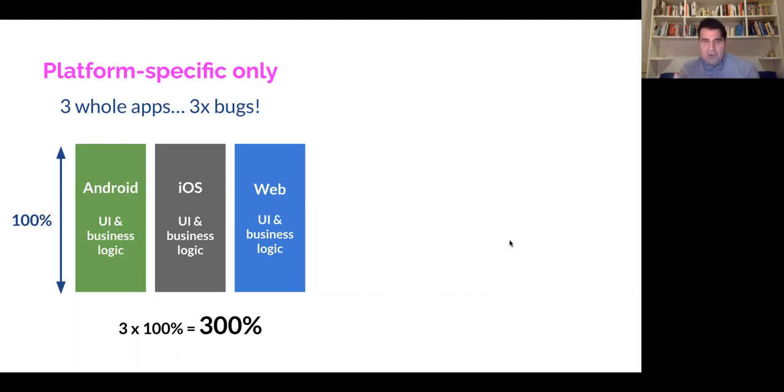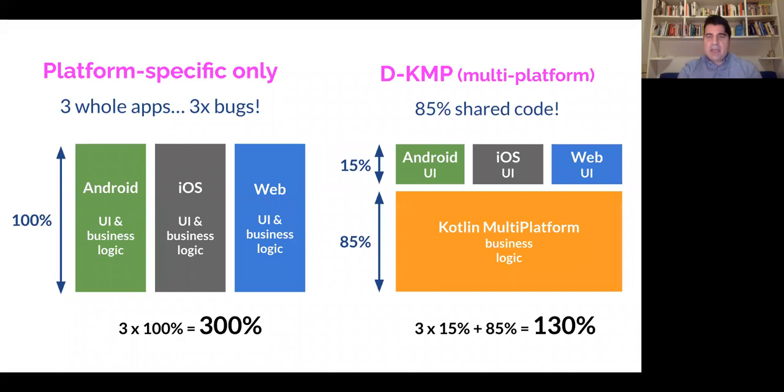So we believe the future, and we don't only believe it because we prove it, is going to be much, much different. And we are presenting today this D-KMP architecture, where we are able to share 85% of the code, where this 85% is the business logic, which is written in Kotlin MultiPlatform, and the 15% is the UI layer, which is the only platform-specific part of our app.